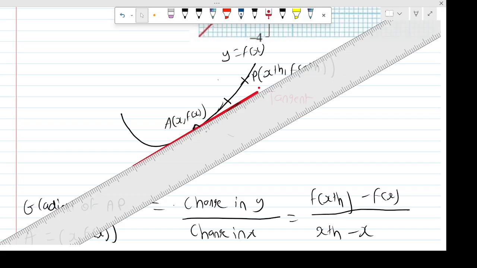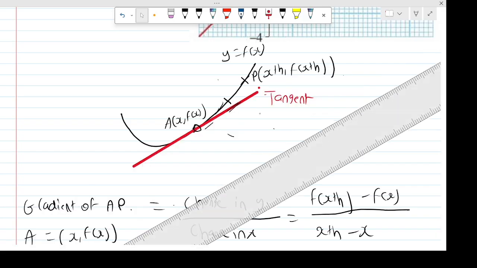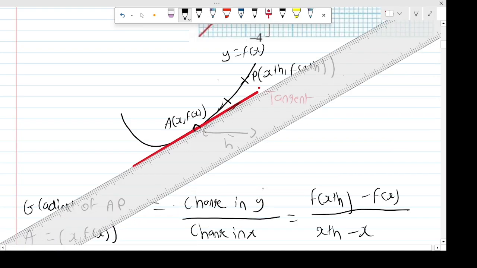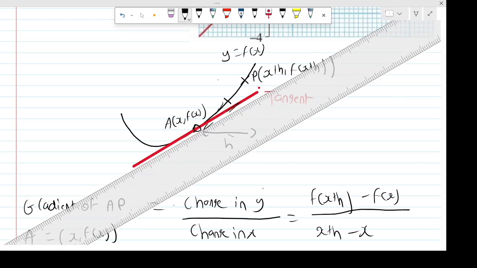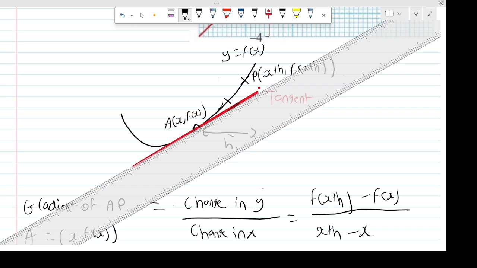So the whole idea is that eventually what we want to do is take this gap h, the distance from A to P, and make that h as small as possible. Basically no gap at all. Because then eventually it starts to hone in on the tangent, and therefore the gradient is what I want, because my line from A to P is basically the same as the tangent.